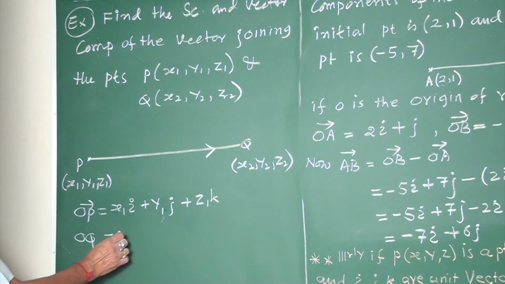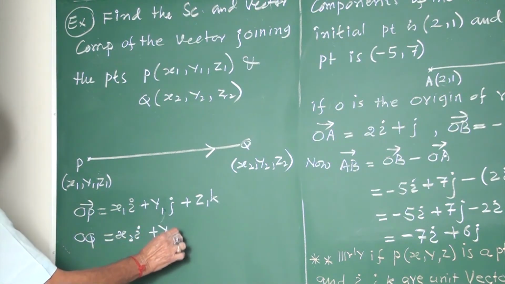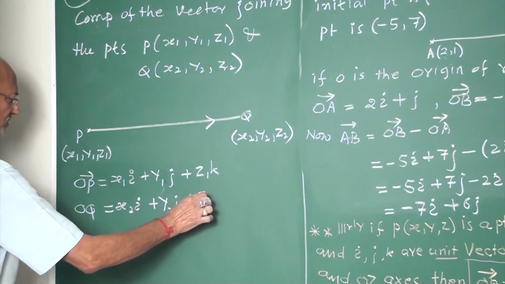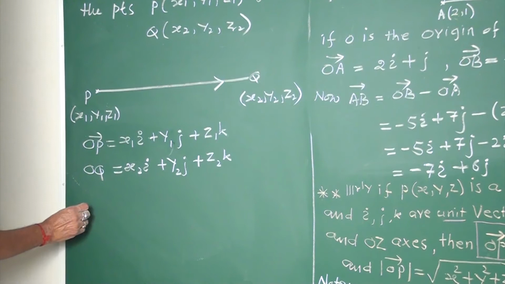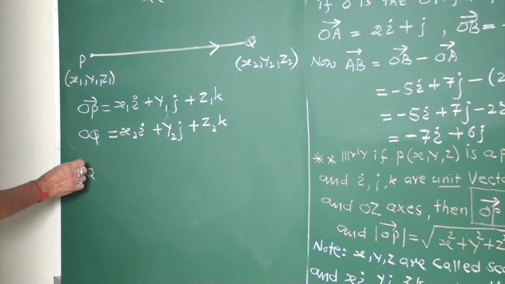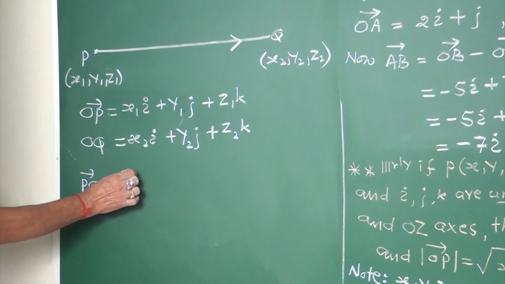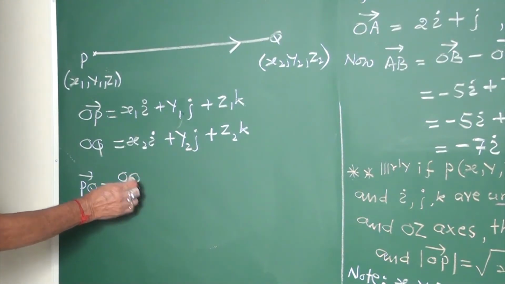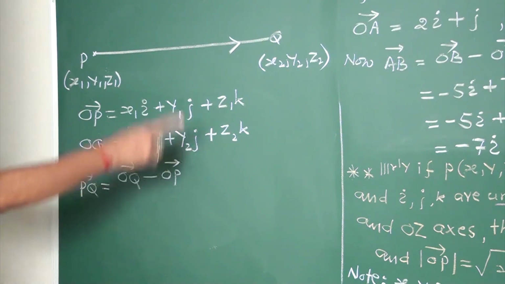OQ is what? x2 i plus y2 j plus z2 k. Then you have to make use of it. You want vector PQ. Yes, it is vector OQ, the second point, minus vector OP.